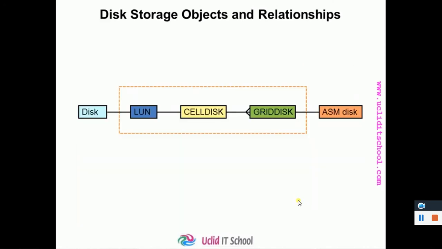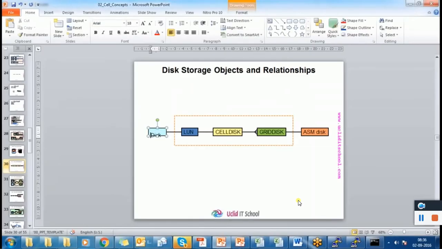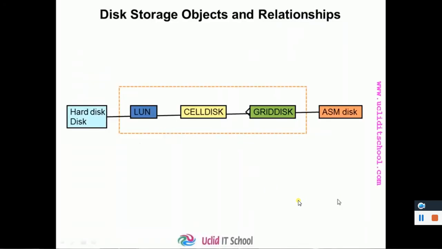So now, actually, this is hard disk, the relation. Okay, let me be very specific. I'm sorry, I'm modifying during the class itself. I should have done this before. To bring in more clarity, I am doing these changes on the fly. Now, the disk can be a hard disk or a flash disk, right? So when you use a hard disk, this is the hierarchy of the objects. Every hard disk is detected as a LUN inside the storage server.